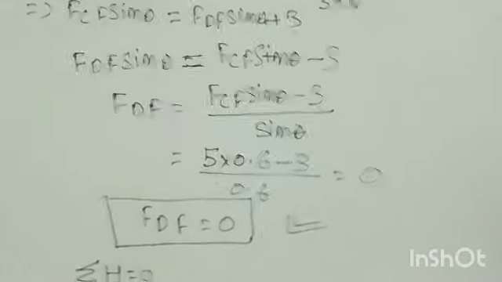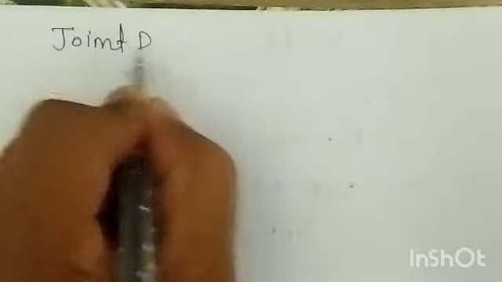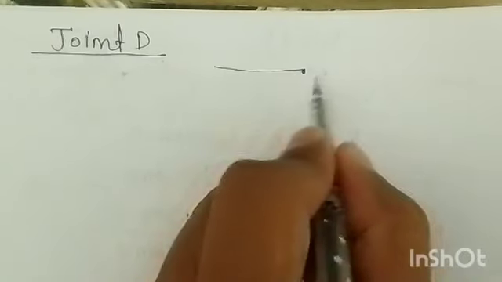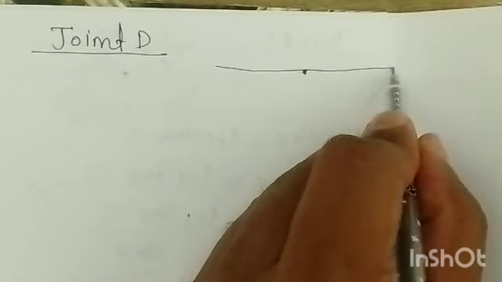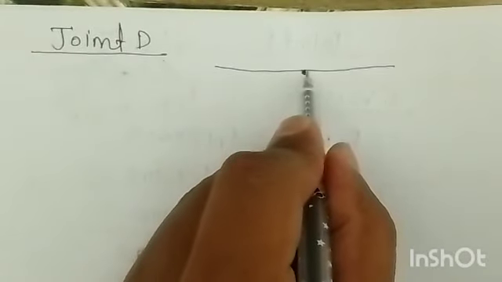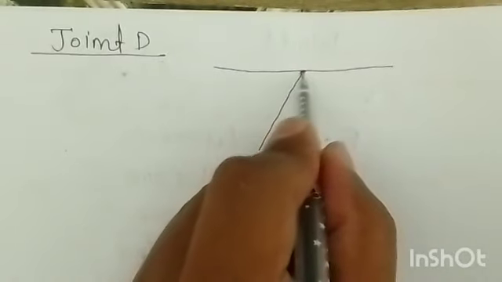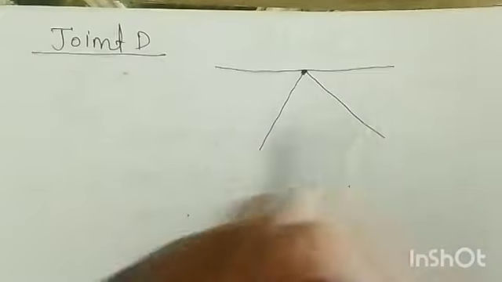So now here you can say joint D. Let's say how it is connected: this is your joint D, this is D to C, D to E, right, and this is D to F, and this is D to G, right.